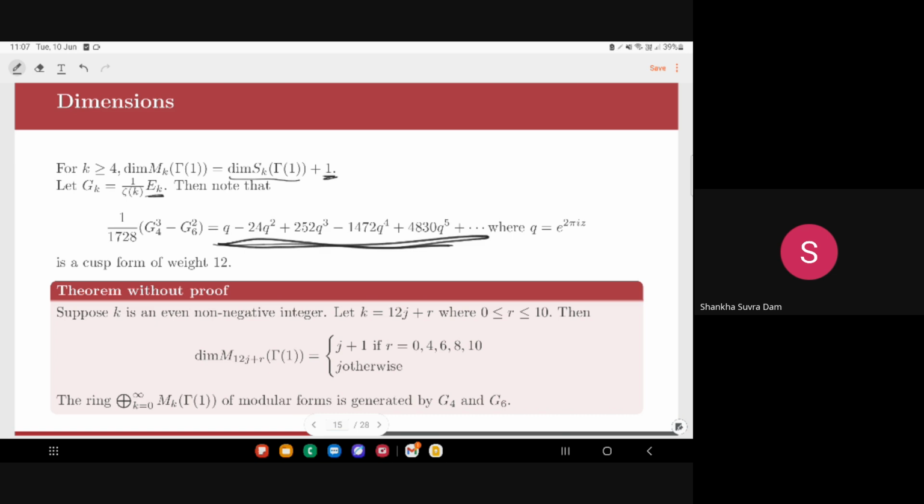I've written the first few coefficients to see this clearly. This is called Ramanujan's discriminant function.